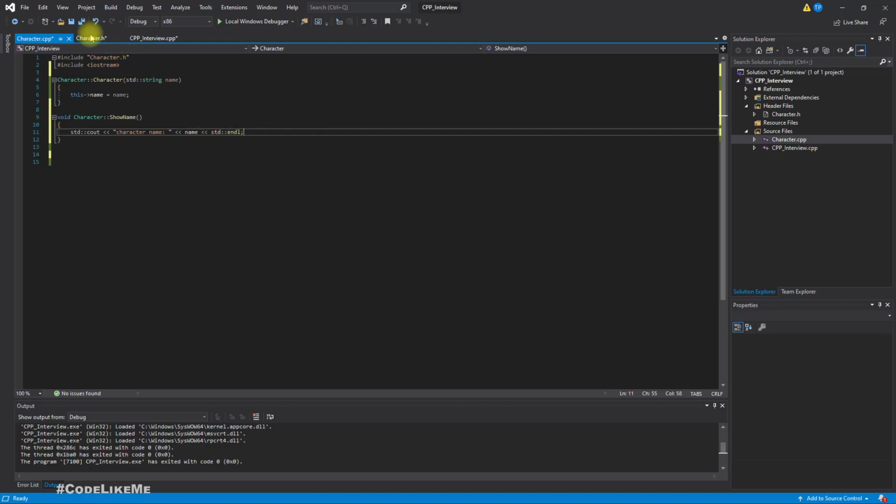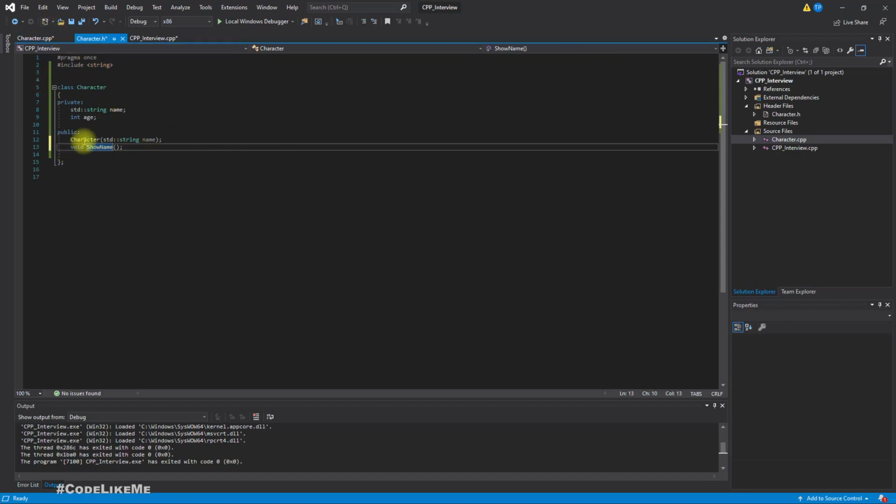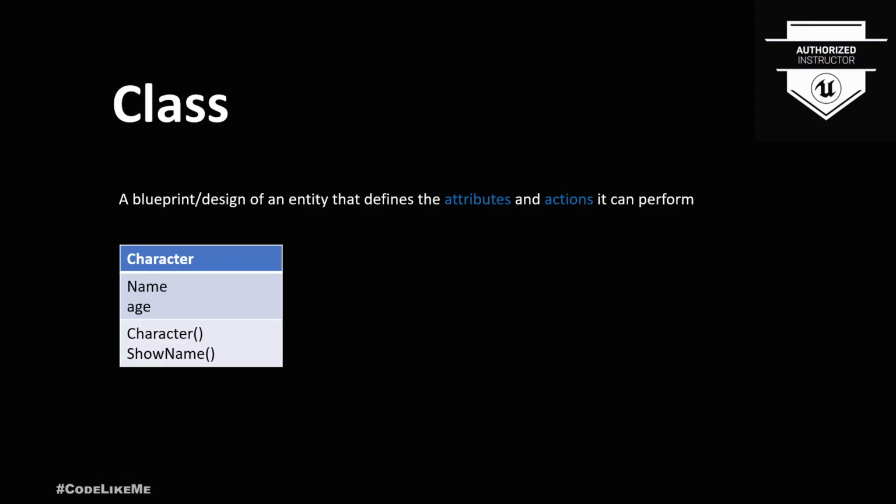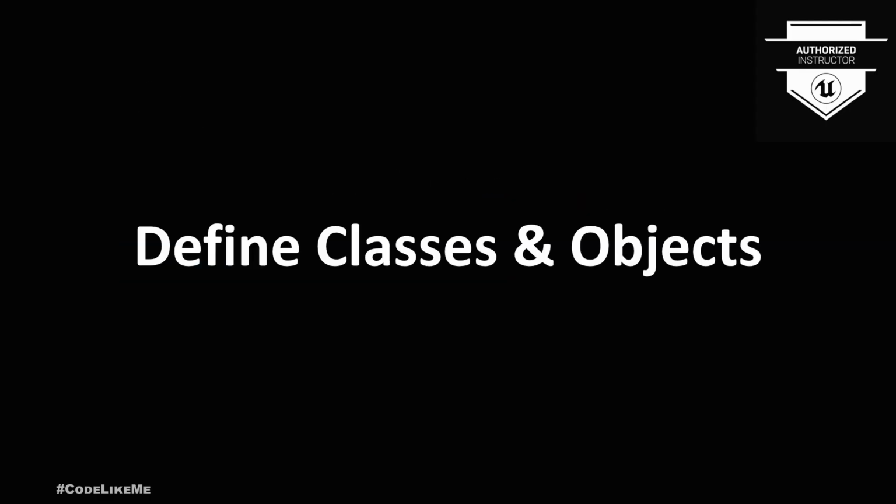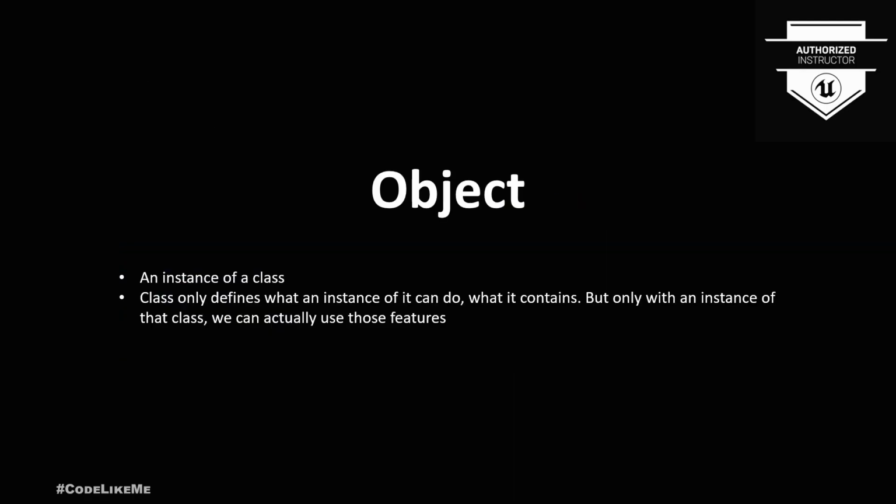So now we have our basic class with two private variables, a constructor and a function. Right, now we have the class. But in order to use this class we have to create an object from this class, and that brings us to our next slide, which is the next question: define classes and objects. So an object is an instance of a class.